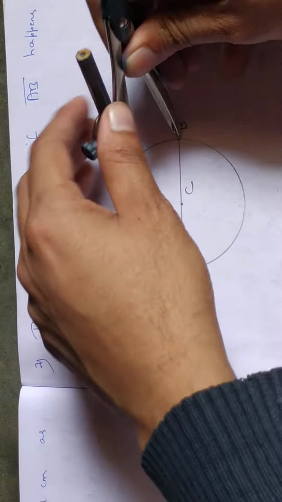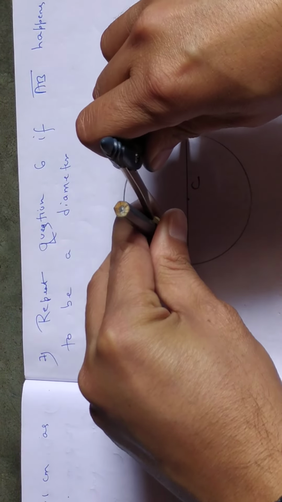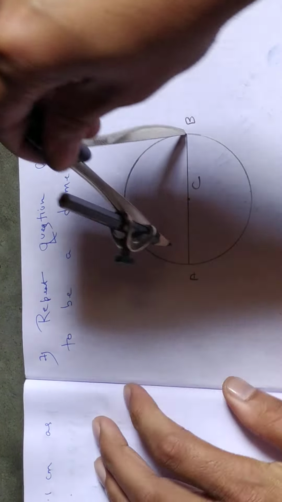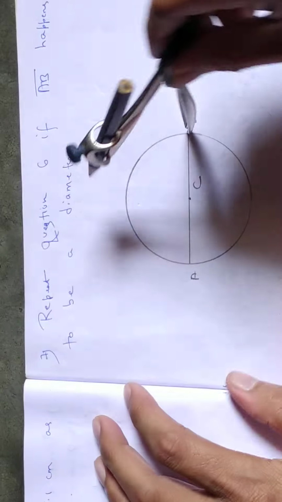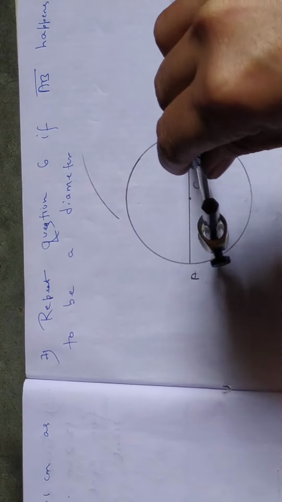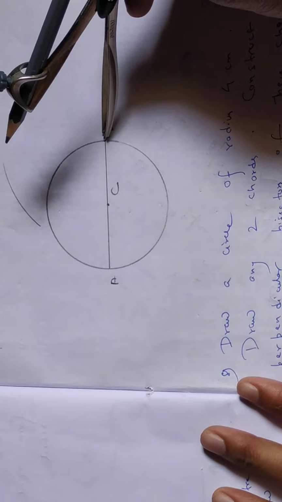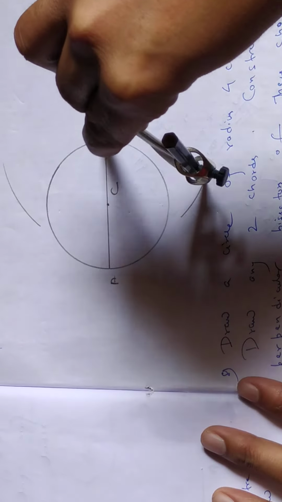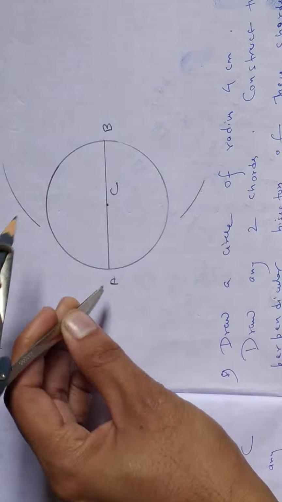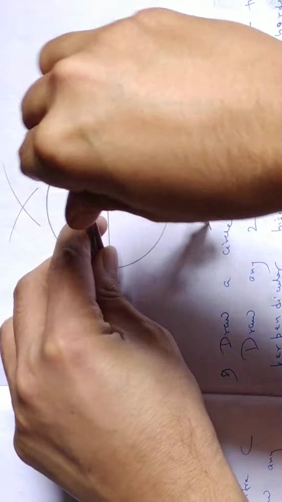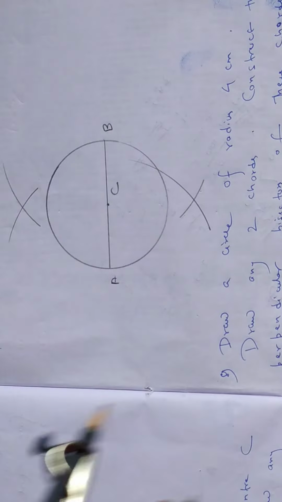Same procedure, take more than half. Okay, suppose this is more than half I have taken. And here one arc at the top and at the bottom. And from the point A, again at the top and again at the bottom.